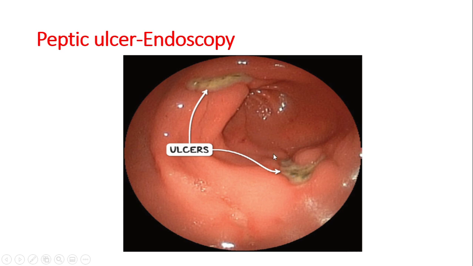Here there are two peptic ulcers by endoscopy, rounded, regular, with typical features, and bleeding in the center due to erosion of submucosal vessels. These are the causes of upper GIT bleeding. Endoscopy is very important.